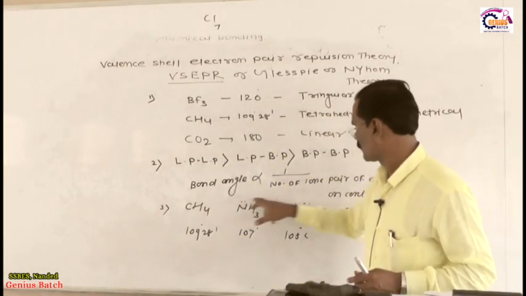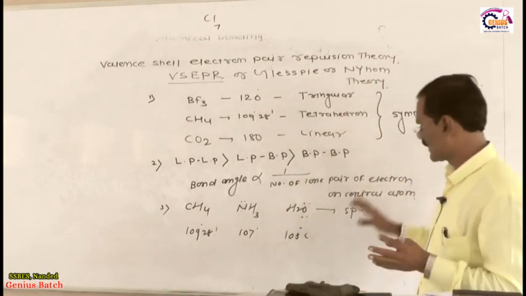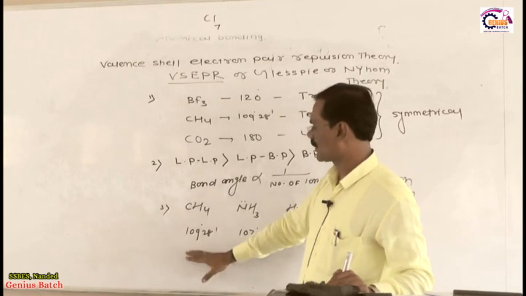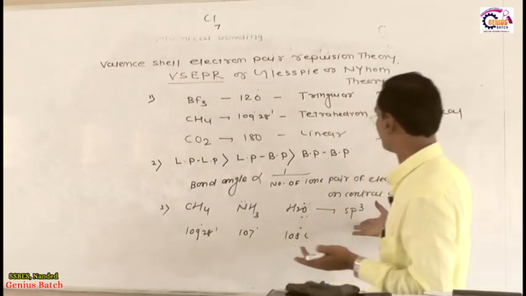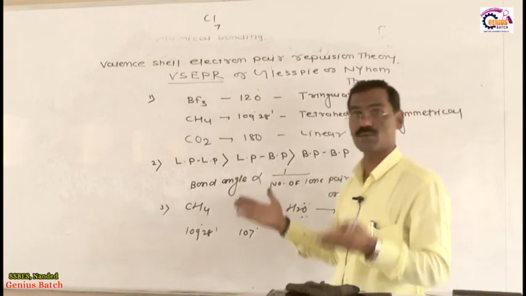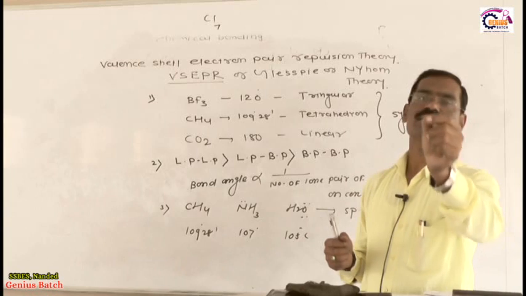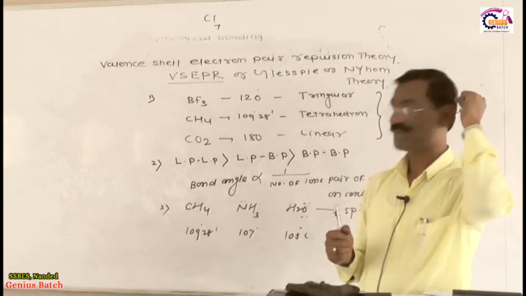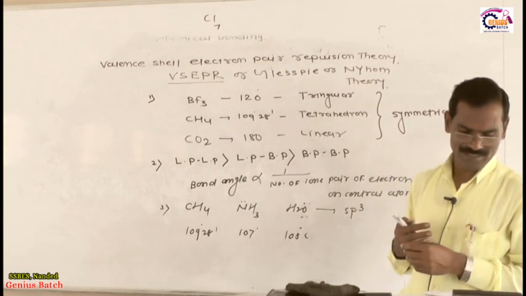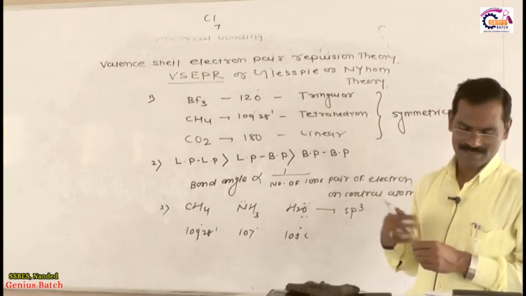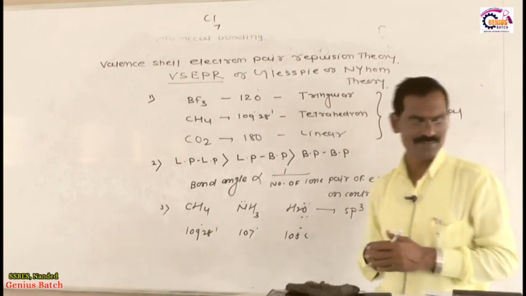Because as the lone pair increases, the bond angle of that central atom decreases. Methane doesn't have any lone pair, so it has the normal bond angle with sp3 hybridization. But in ammonia, one lone pair is there, and one lone pair repulsion reduces the bond angle by 2.5, so 107, 105. In different molecules, if the central atom has the same number of lone pairs, then the bond angle depends on the electronegativity of A and B.